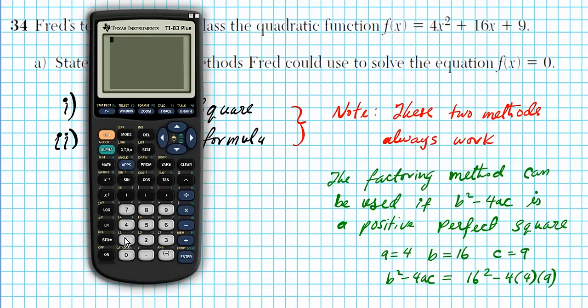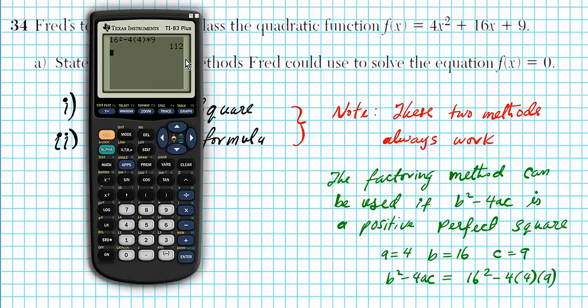So let's plug that into our calculator. We have 16 raised to the second power minus 4 times 4, which is 16, times 9. That's smaller, since 9 is smaller than 16, so it's fine. It's going to be positive 112.